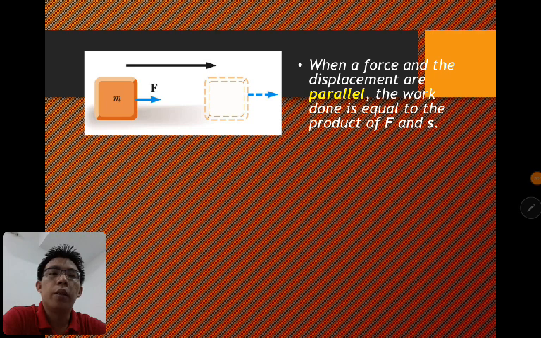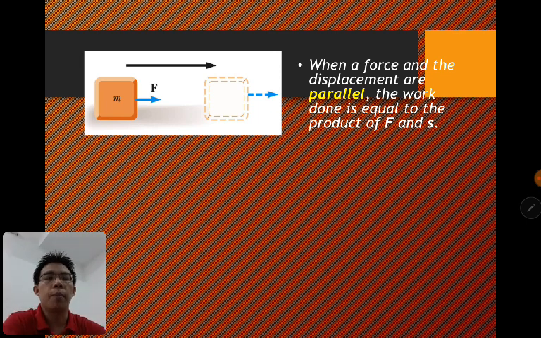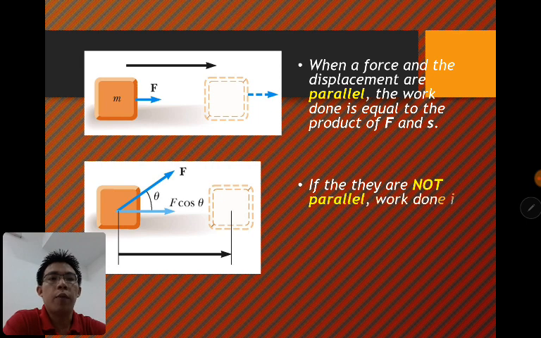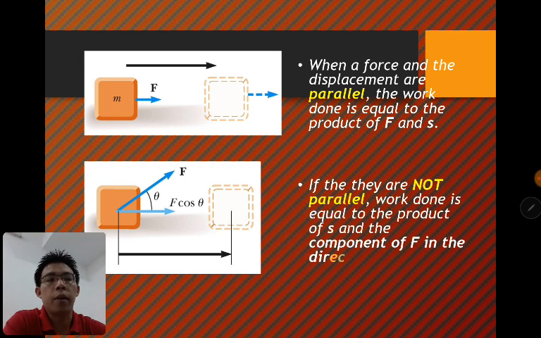Going back to force times distance just now: when we have a force and the displacement going in the parallel direction, then work done will be equal to the product of force and displacement, or distance moved. If the force is not parallel with the distance moved, we need to find the component of the force that is in the same direction as the distance moved.